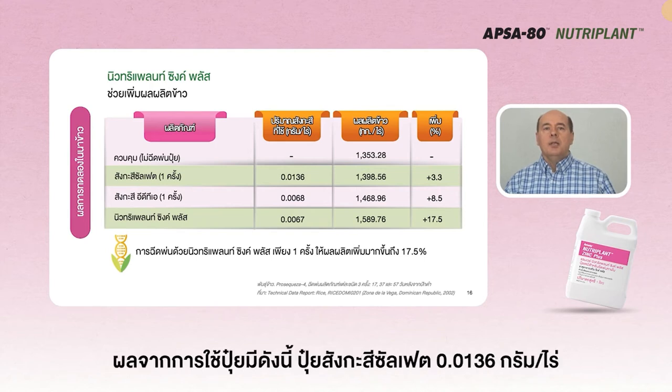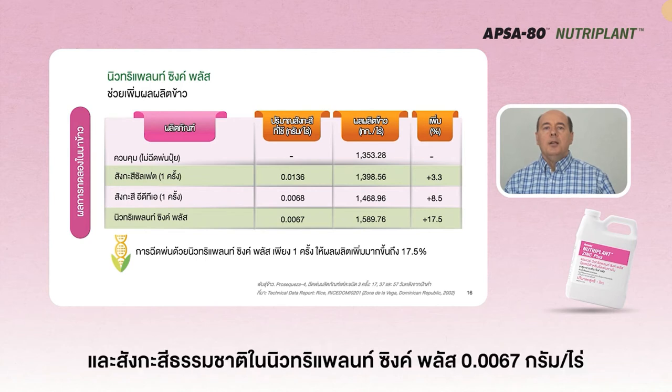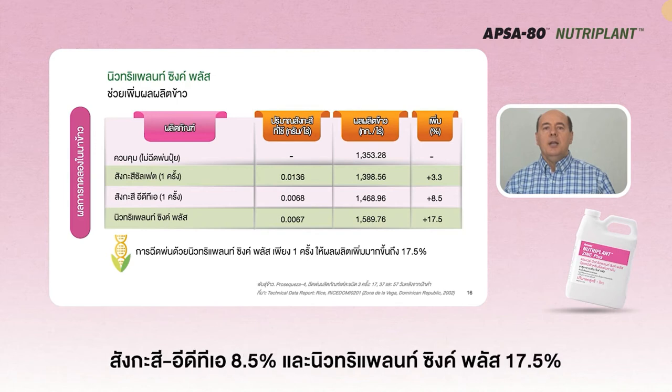For example, the zinc sulfate was applied at only 85 grams per hectare, zinc EDTA at 43 grams per hectare, and naturally chelated zinc at 42 grams per hectare. The rice yield increased with zinc sulfate by 3.3%, zinc EDTA by 8.5%, and naturally chelated zinc by 17.5%.